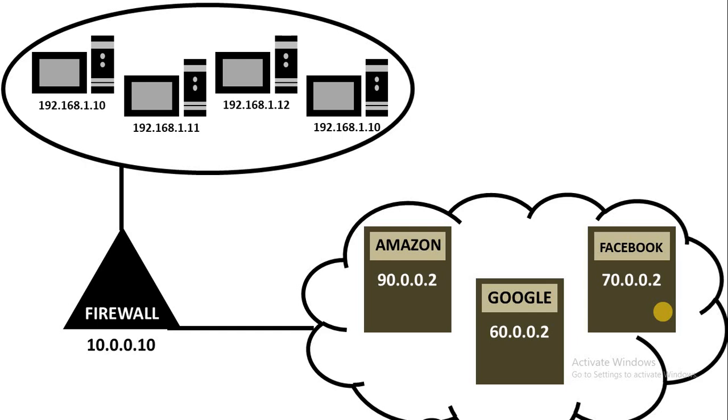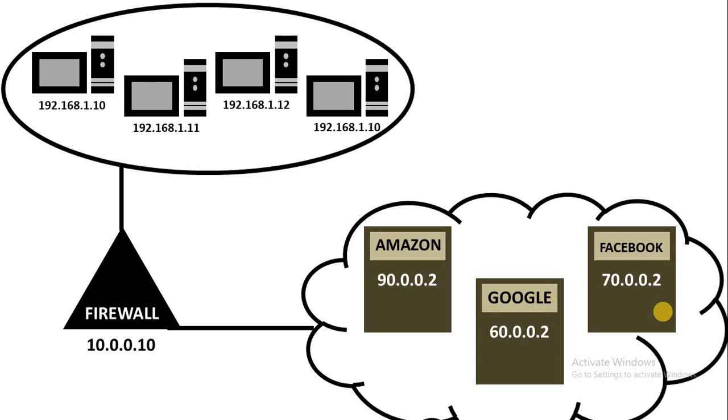Assume any of the computers of the organization wants to communicate with the public server, then those private IP addresses are never going to communicate with the public IP address over the internet. The firewall has the public address, that is 10.0.0.10, that is considered to be a public address for the organization.